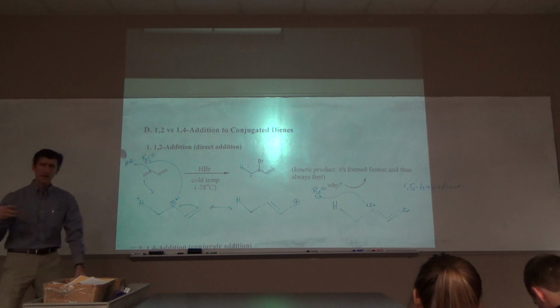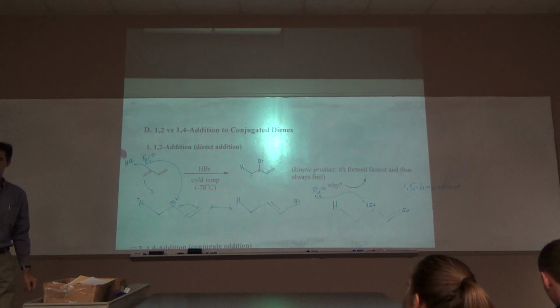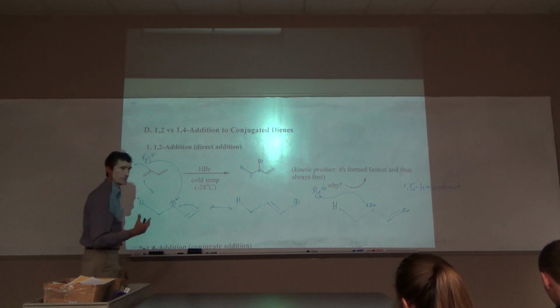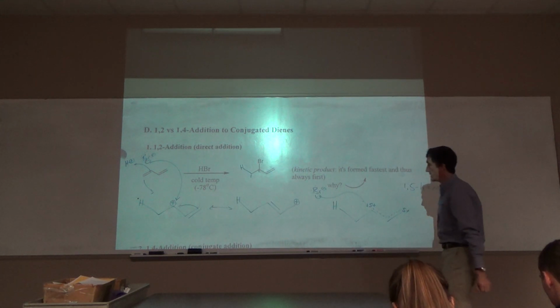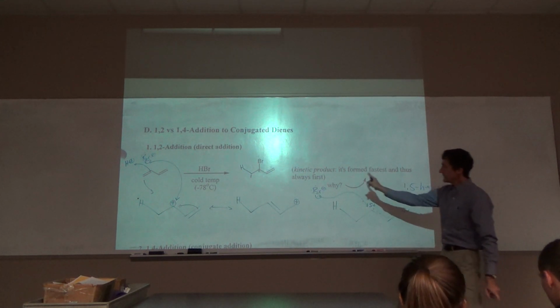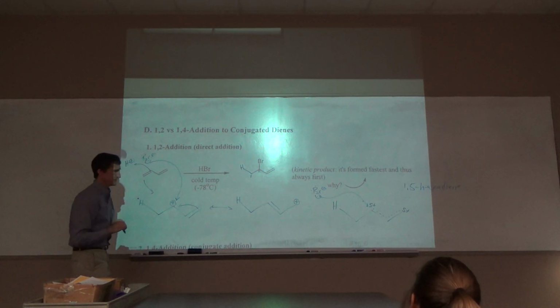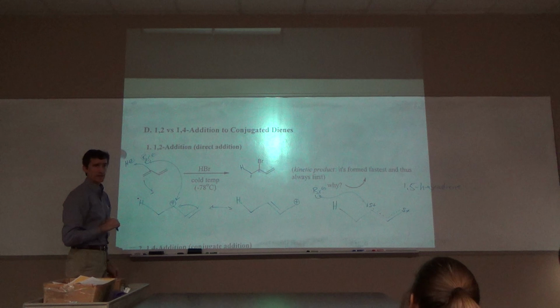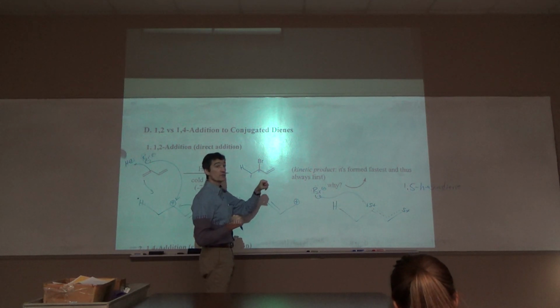If you put wet ice in water, I think you get 0 degrees. This is known as a kinetic product also, because it's formed fastest. Kinetic refers to rate. This product is going to be formed fastest, and thus always first.